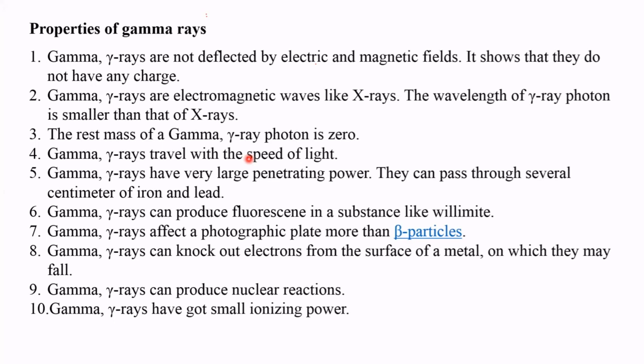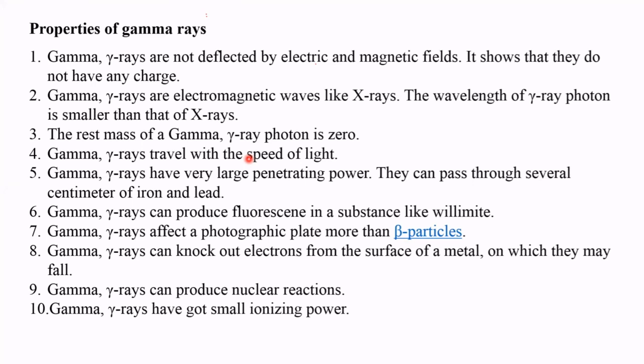First property: they are not magnetic, meaning gamma rays also do not have any positive or negative charge. They are neutral, so they are not affected by electric or magnetic fields. This is similar to X-rays.